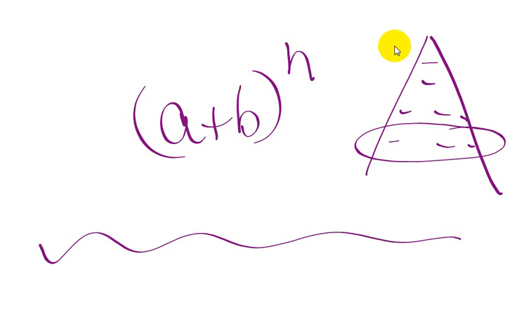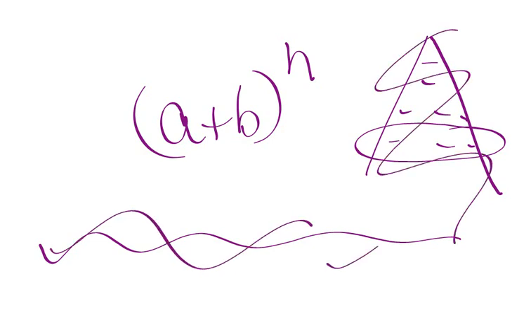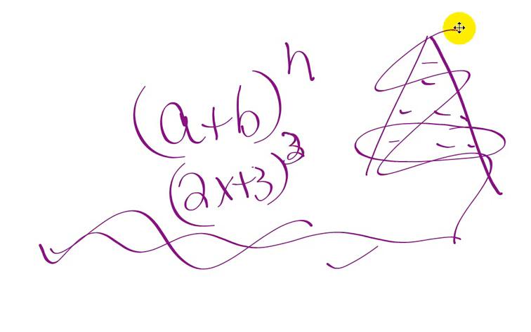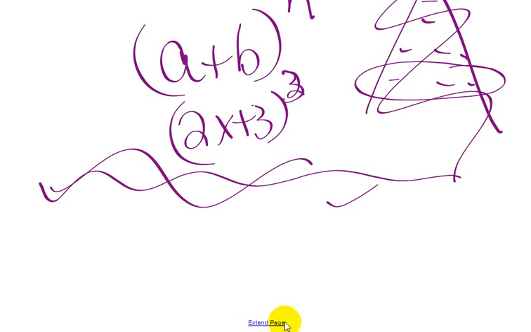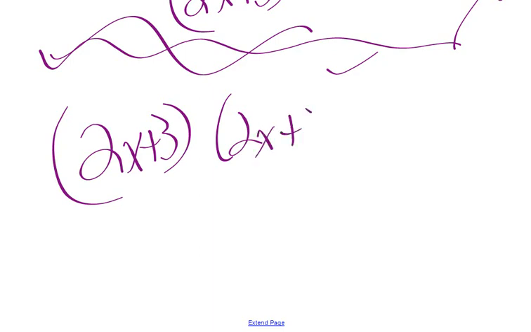But what we did, in essence, let's say you didn't know any of this about the expansion rules. What would you do if you had 2x plus 3 cubed? You would have gone 2x plus 3 times 2x plus 3 times 2x plus 3.